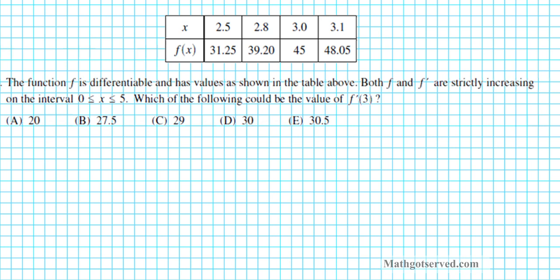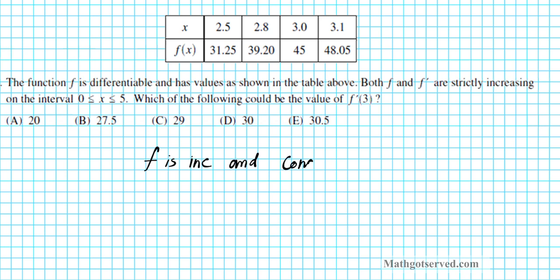So if f is increasing, that tells you that f prime is going to be positive, right? And if f prime is increasing, that tells you f double prime is going to be positive. If f double prime is positive, that means f is concave up. So in this problem, we're going to note that f is increasing and concave up.